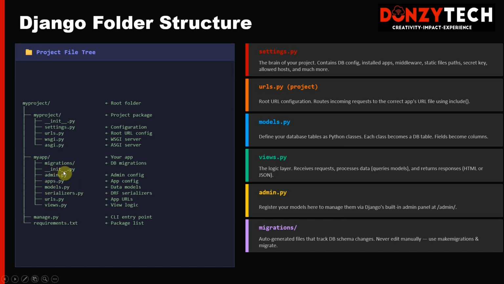So same thing, we have the __init__.py where we'll just initialize the my app folder as a module. All right. Now this file would be empty, where you will just need it for doing some basic initialization, but you don't need to worry about this file for now. You can just leave it empty, but just don't delete it. Now we have the admin.py, which just manages your Django admin interface.